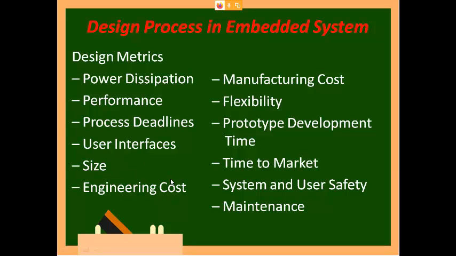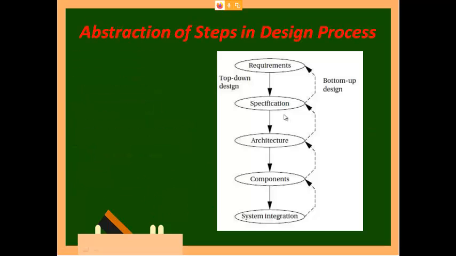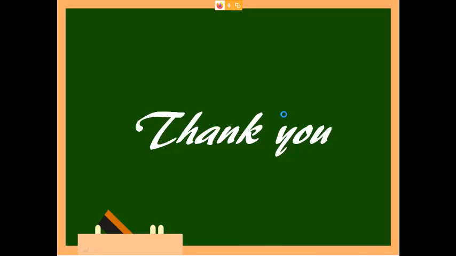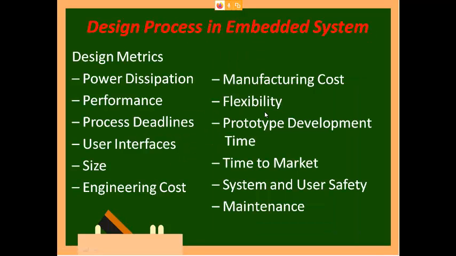Then engineering cost. Engineering cost is nothing but your production cost. Then comes your manufacturing cost. Manufacturing is when you are going to produce in a lot, that is called manufacturing. Engineering cost is for one piece. Then comes your flexibility, how flexible your product is.